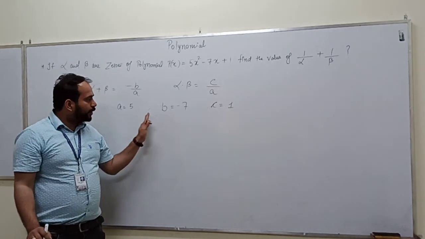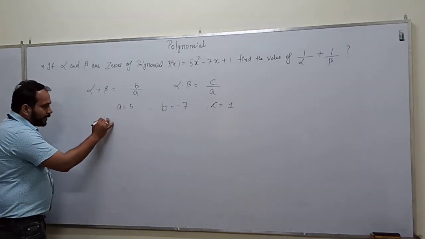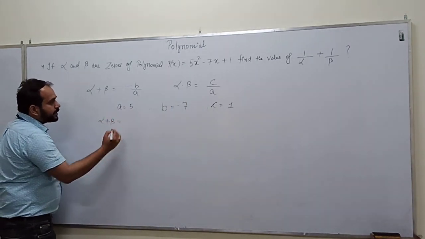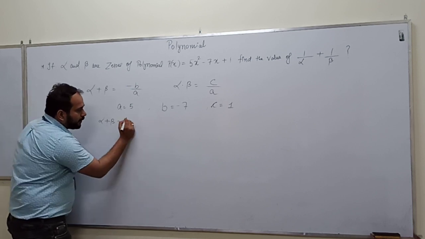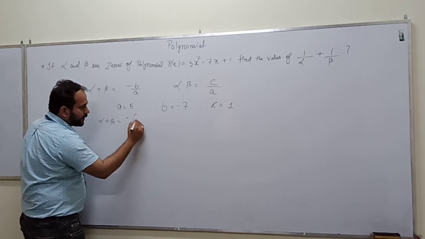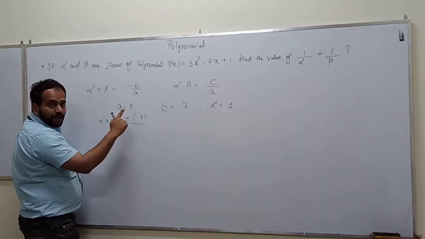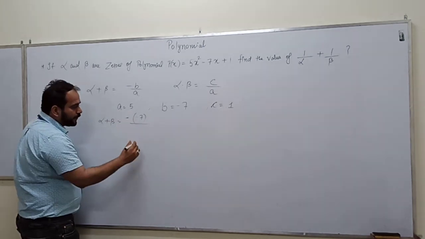Now we are going to put these values into these equations. It is very simple. I will get alpha plus beta is equal to minus of b. I will put a minus, and next b, which is minus 7, divided by a. What is the value of a? a is 5, so I will put 5 over here.